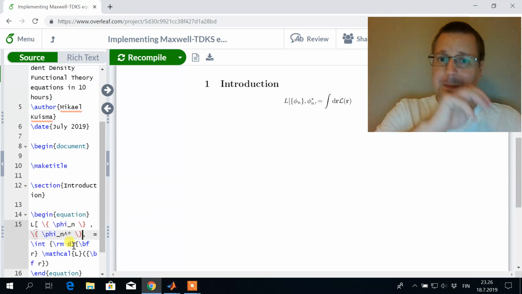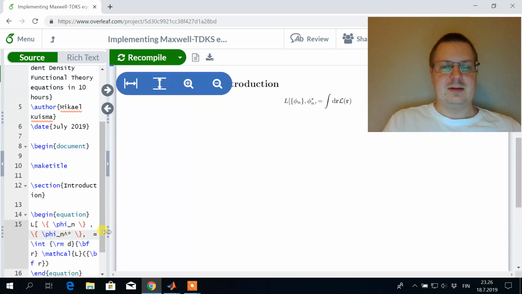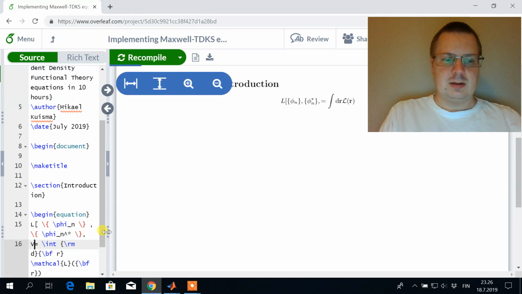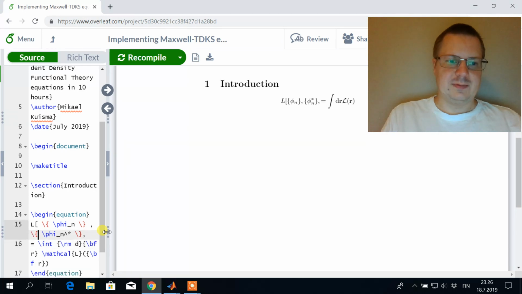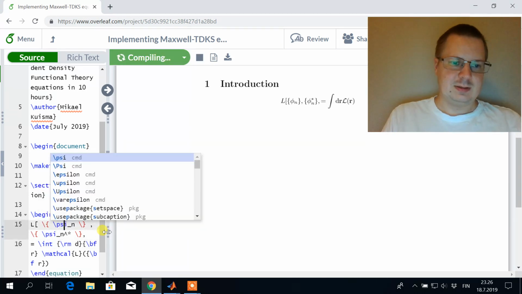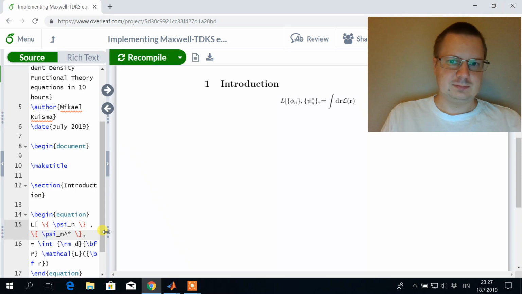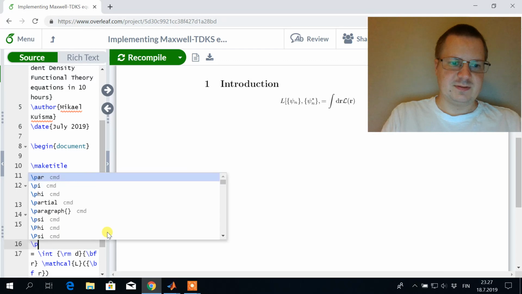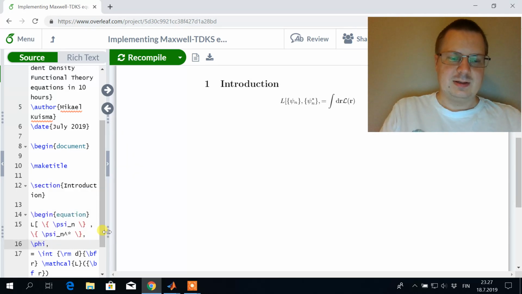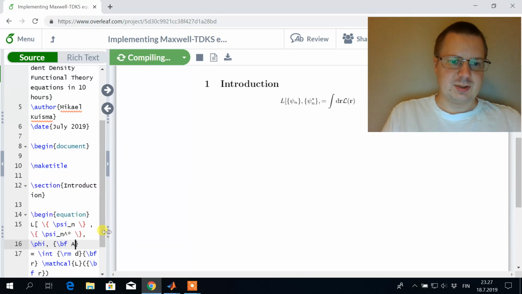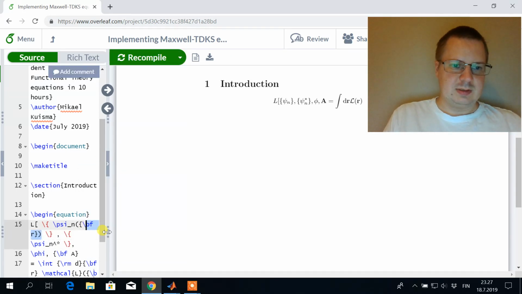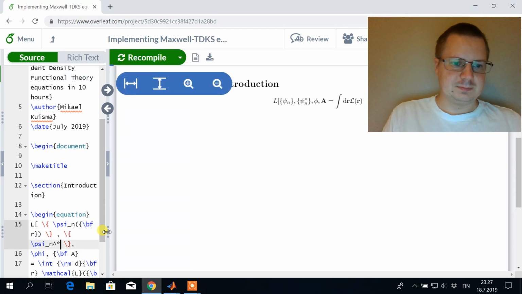It can also depend on the scalar field. I would like to use psi as the wave function, and phi as the scalar field, and then also the vector potential, all of which will depend on r.